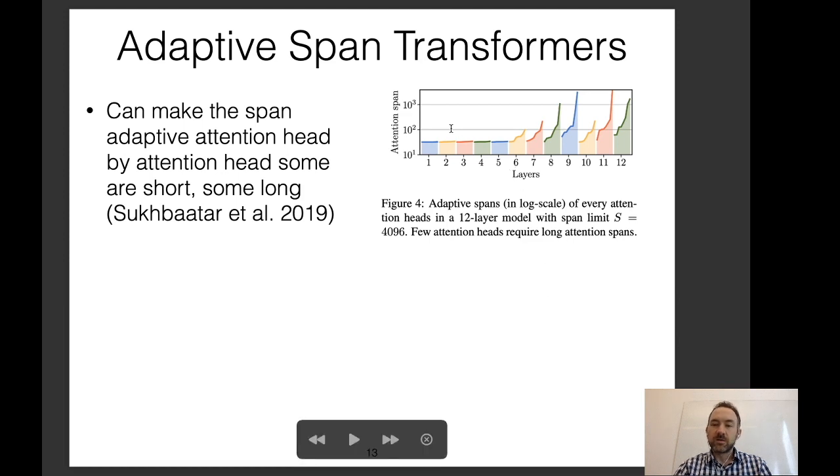So this is kind of an interesting graph from this paper, which basically shows for each layer of the transformer model that they trained, how far back in history some of the attention heads chose to attend. And you can see that at the very first few layers, basically it's attending to the minimum number of contexts, like 32.